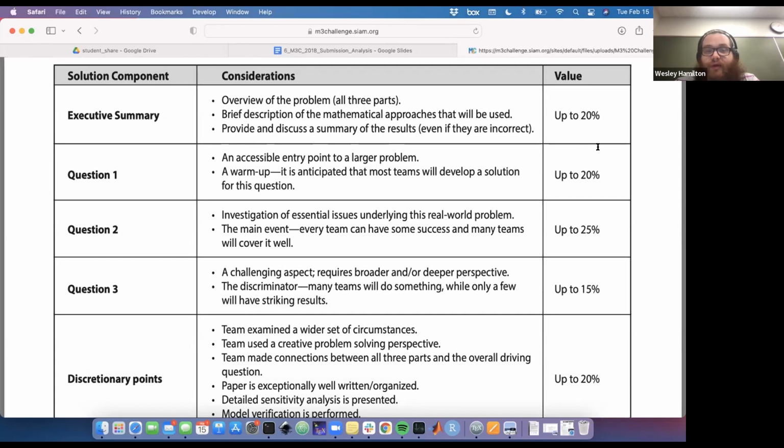Question 1 is about a fifth of the points. Question 2 is about 1/4 of the points. Question 3 is about 15%. But of course, in your actual submission, any connections that you can make between all 3 of these questions will get you extra, I'd say, brownie points.